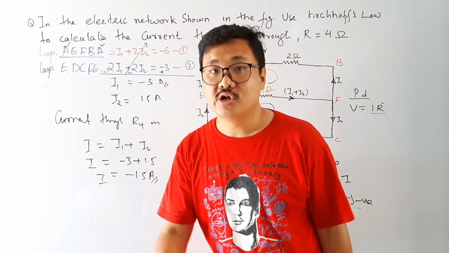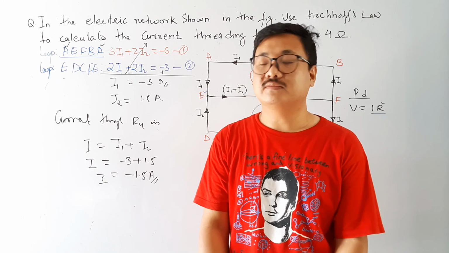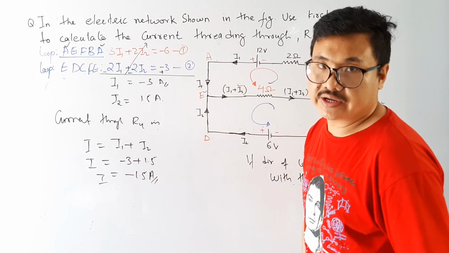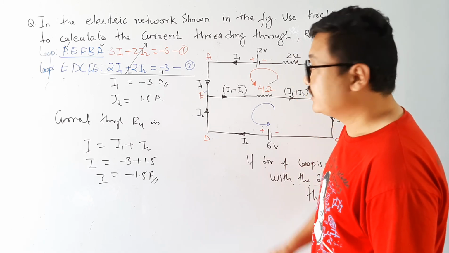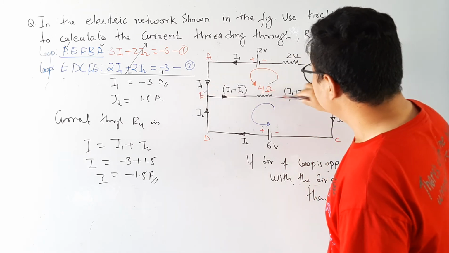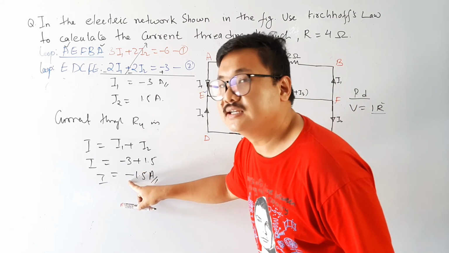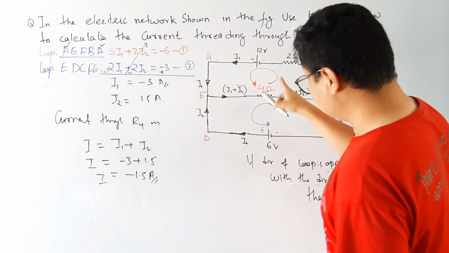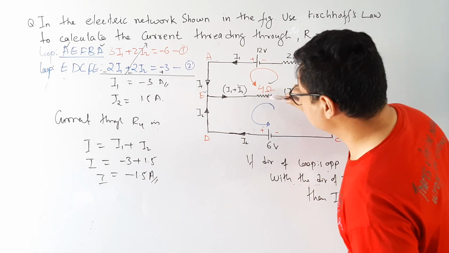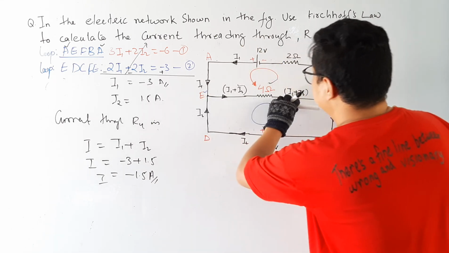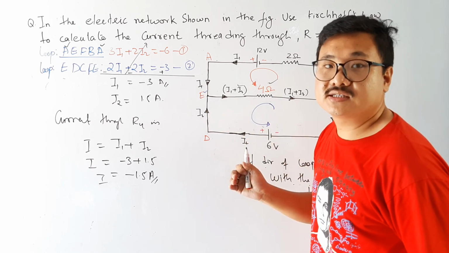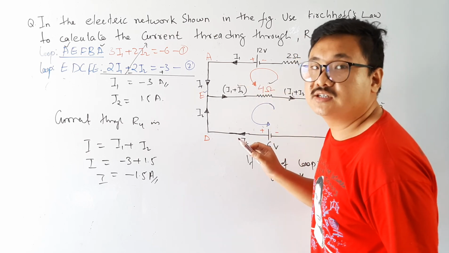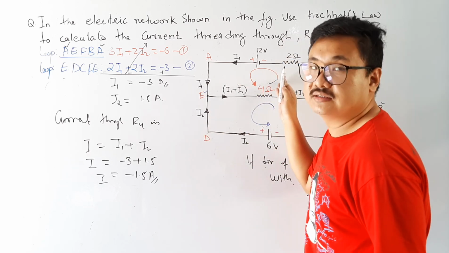Again, please remember what is the significance of minus. The minus has nothing to do with our choice, the direction of current is from E to F. This minus sign indicates that the actual direction of current which is flowing in this network is from F to E like this, not from E to F. E to F is the direction chosen by us, but F to E is the actual direction which is flowing in this network.